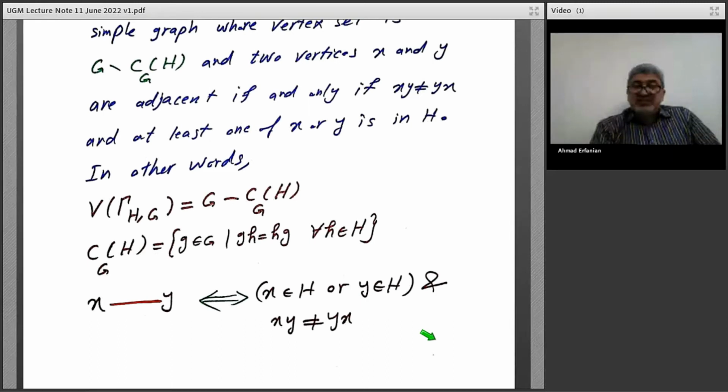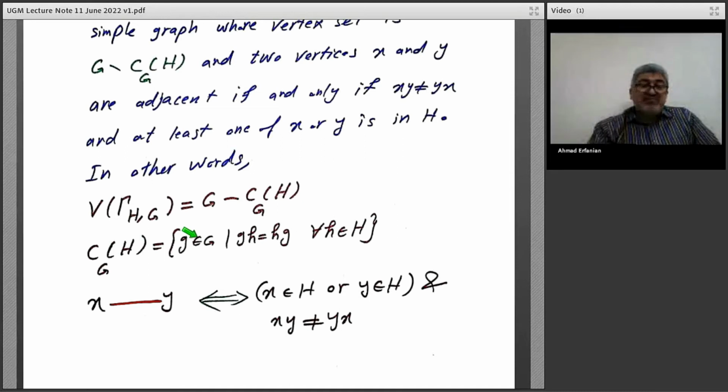The first condition is that X and Y do not commute, so XY is not equal to YX, and the second condition is that one of the vertices X and Y must be in H.